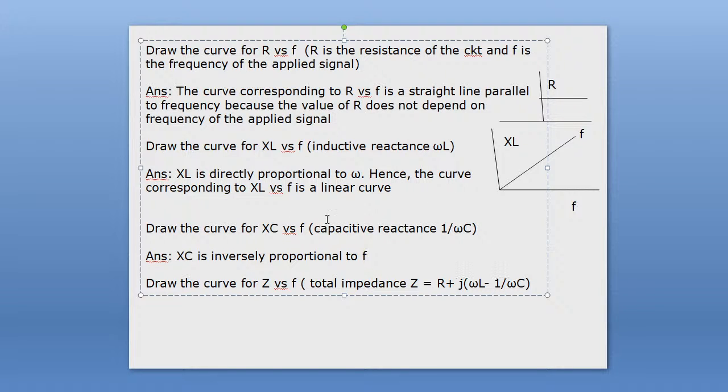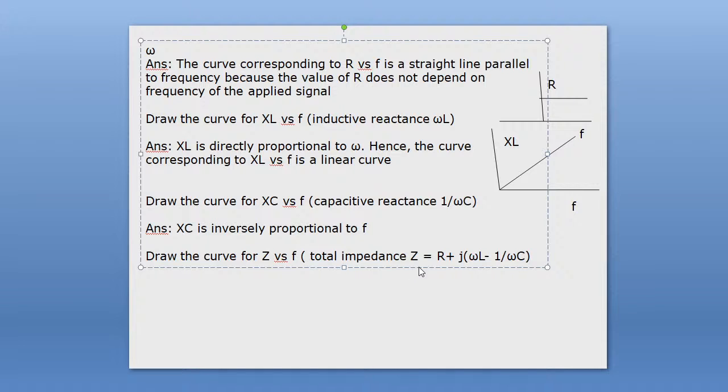Omega is nothing but 2 pi f. 2 pi is a constant term, so you can write proportional. Don't make any confusion: omega equals 2 pi f. For this case, Xc is inversely proportional to f.